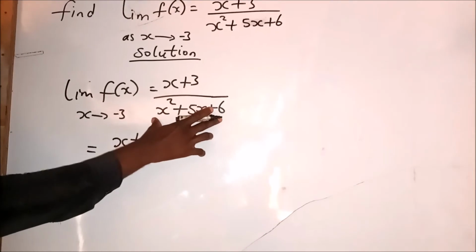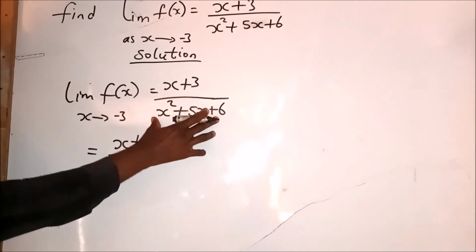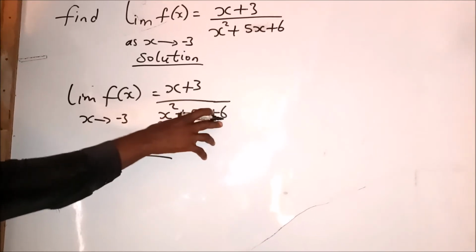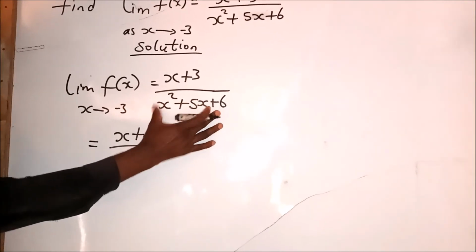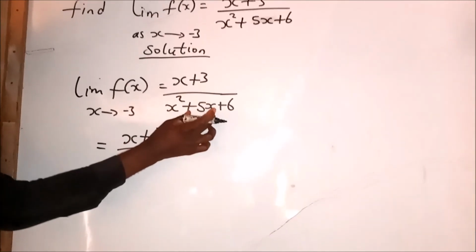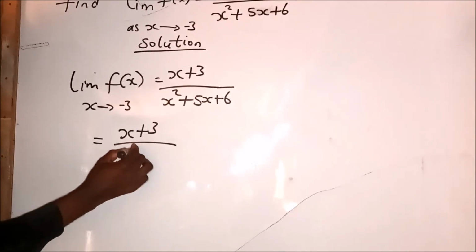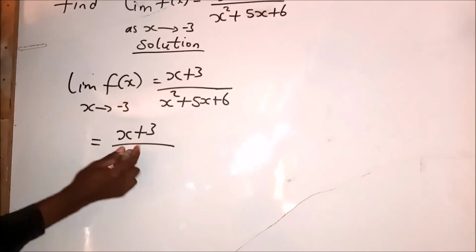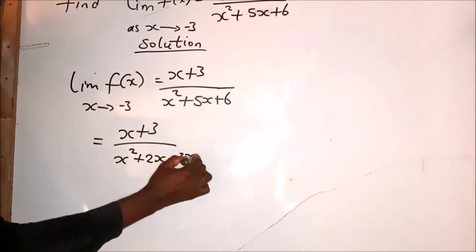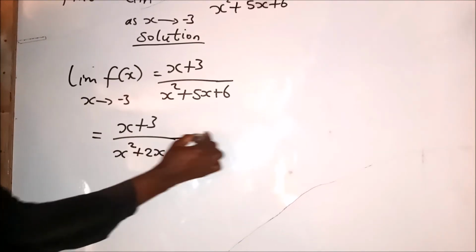We are going to express this, that is, get the factors of this, solving it as if we are solving a quadratic equation by the factorization method. The two factors we are going to use to substitute for this 5 here are 2 and 3. So we have x squared plus 2x plus 3x plus 6.